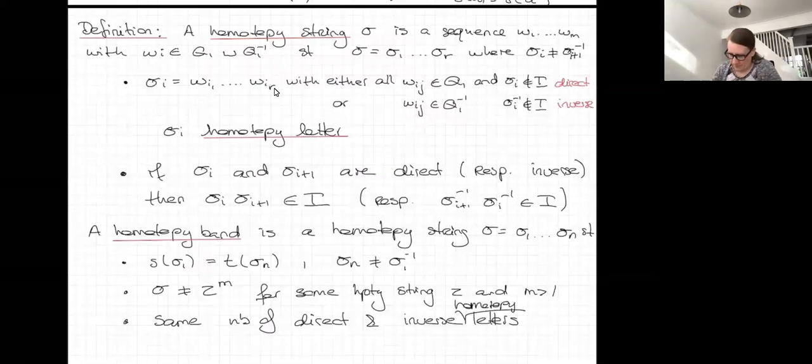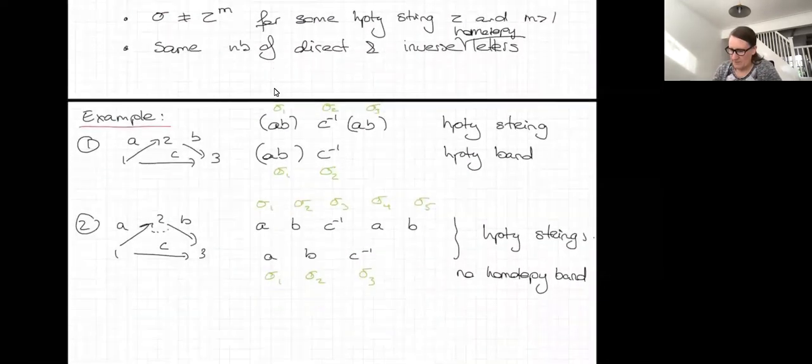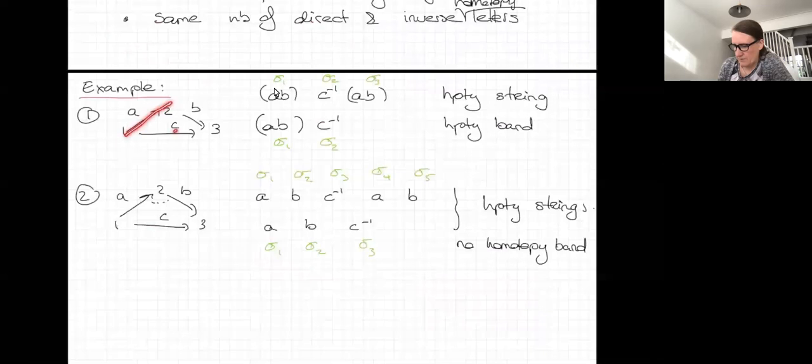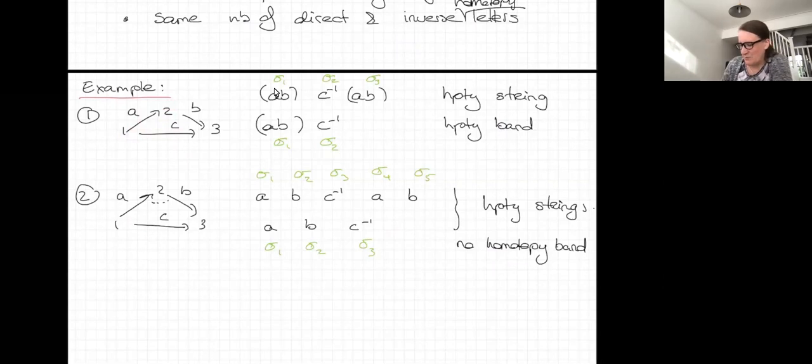Okay, then we did an example of homotopy strings. So we looked at these two algebras, the type A3 tilde, or maybe A2 tilde, I don't know. And here we have two homotopy strings. So we have a homotopy string given by AB, C inverse, AB.